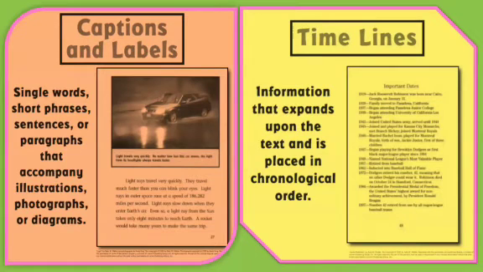Okay, let's move to the captions and labels. These are single words, short phrases, sentences, or paragraphs that accompany illustrations, photographs, or diagrams. As you can see, we have a picture, and below the picture we have the captions and labels. We have the picture of a car, and we have information: light travels very quickly.